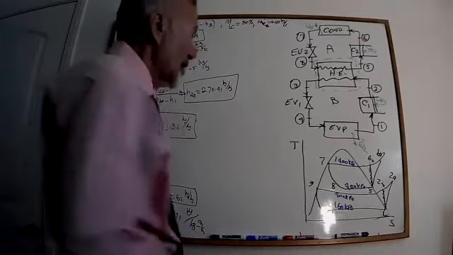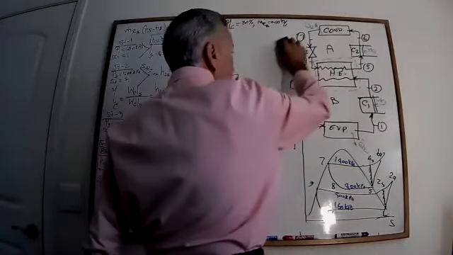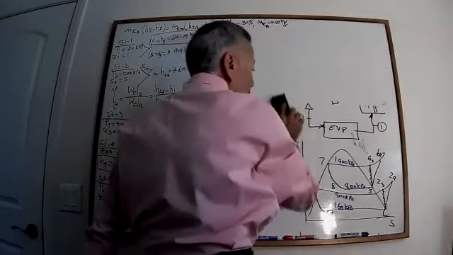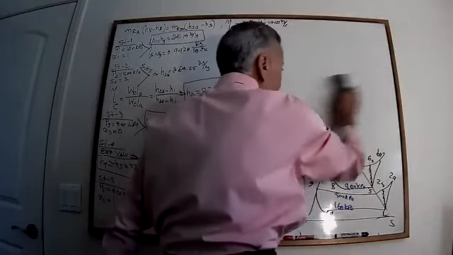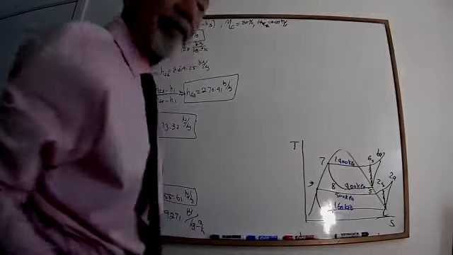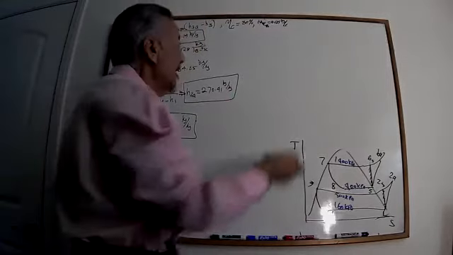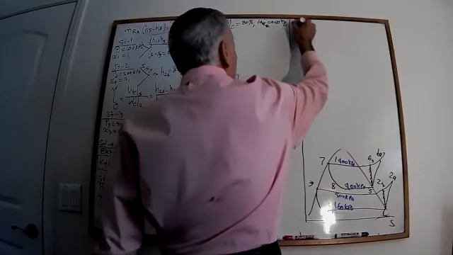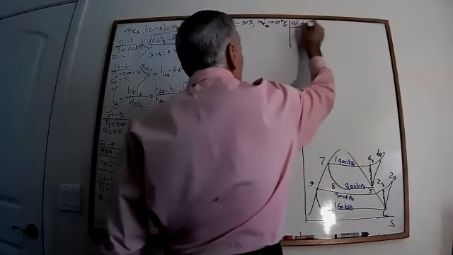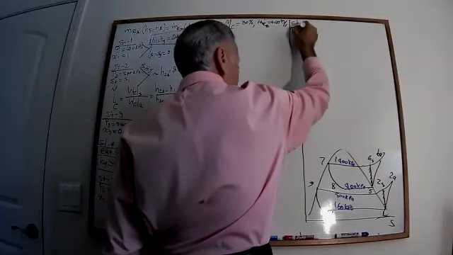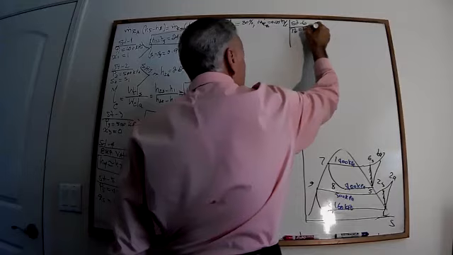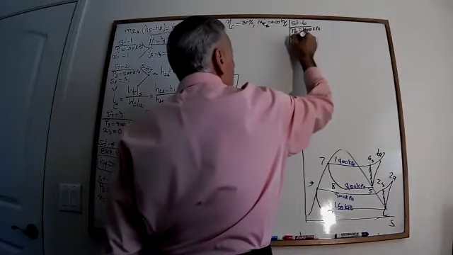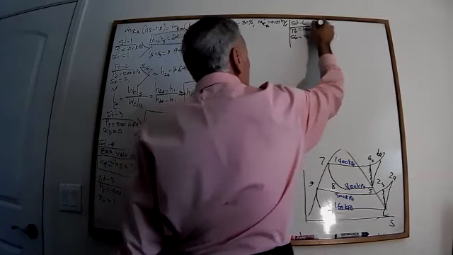Now, since I'm done with the diagram, I don't need it anymore because I transferred everything into my TS diagram. And also I need the space. So now, at state 6, I have P6 equal to 1400 kilopascal, and S6 being equal to S5.